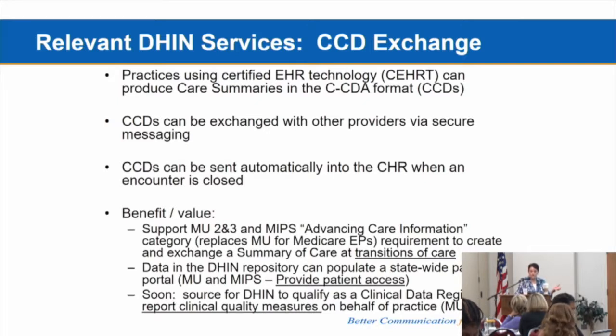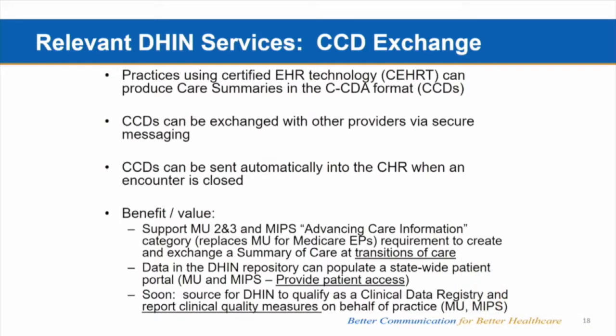You've written rules that make it impossible for the practices to use us to achieve those goals. And since then, ONC has backed off on that a little bit, and so it's a little different now. But you do have to produce the care summary with certified technology, and you have to transmit it using standards that ONC has approved.